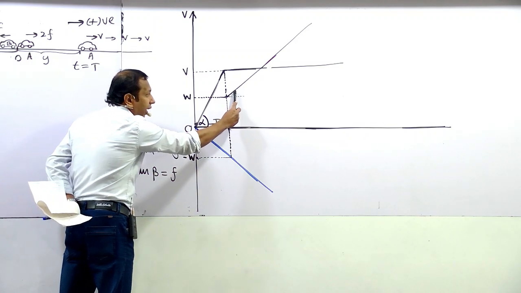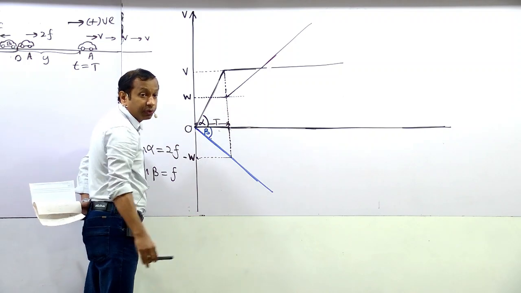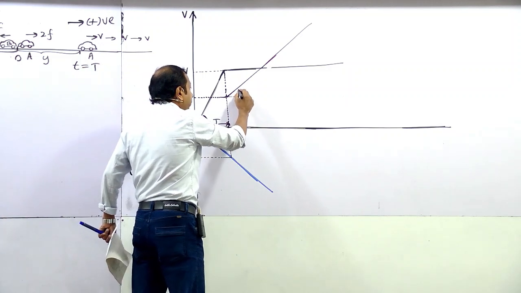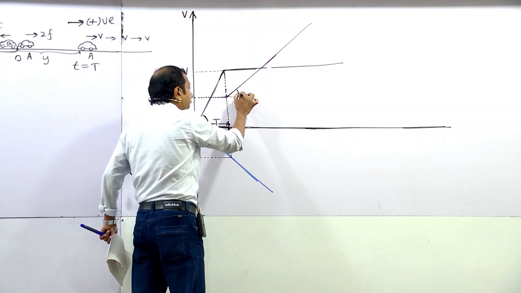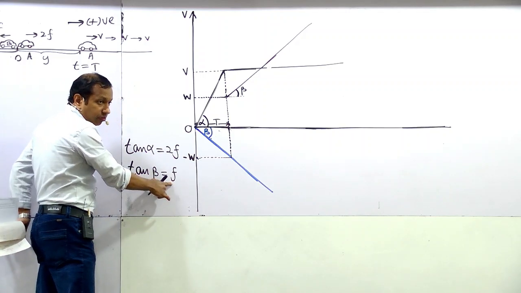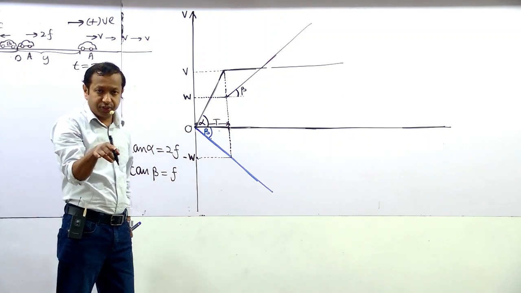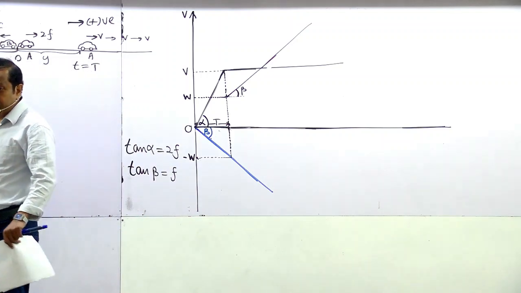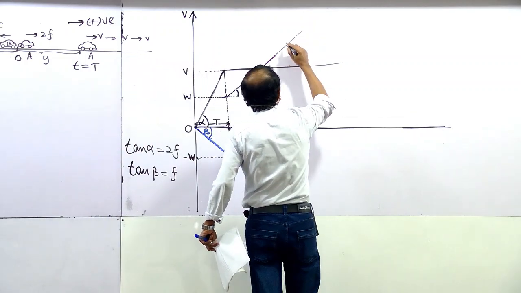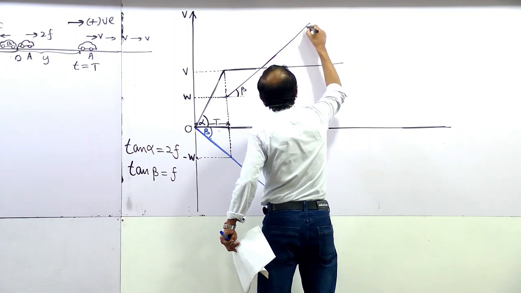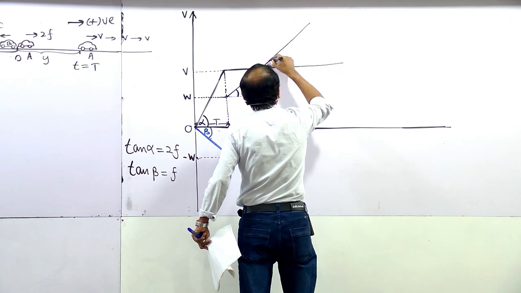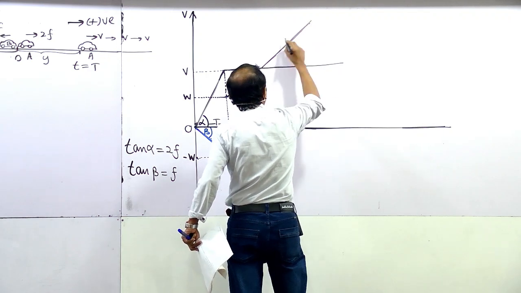Then what could be this angle? It should also be beta, because tan beta should be f. Therefore, to get f acceleration, the angle should be chosen as beta. Understood? Right. So this way we have the v-t graph of C.